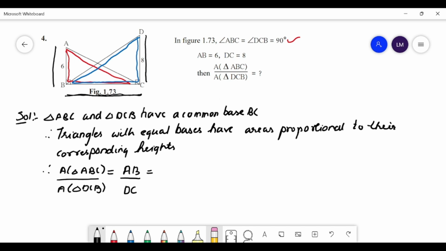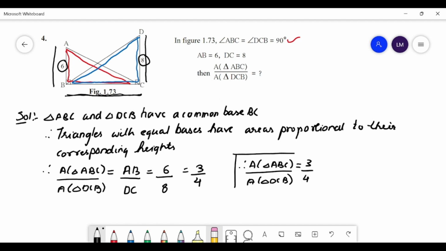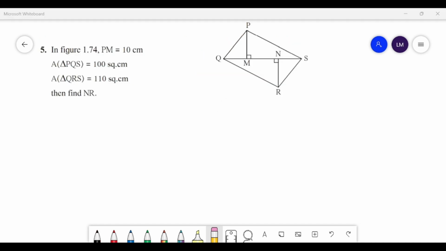That means the value of AB is given in the question as 6. So we can write 6, and for DC the value is 8. So we can write as 8. So 2 3s are 6, 2 4s are 8. So the final answer we can write, area of triangle ABC upon area of triangle DCB is equal to 3 upon 4.